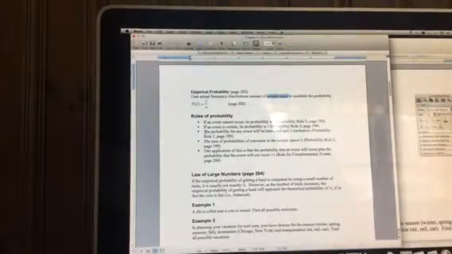So my denominator is 6. For the numerator, I need to know how many of them match my criteria. In this case, how many of them are equal to 37? The answer is none of them. They're 1 through 6, so it's 0. So my probability of rolling a 37 is 0 over 6. 0 over anything is just 0. So if an event cannot occur, if it's impossible, the probability is 0.